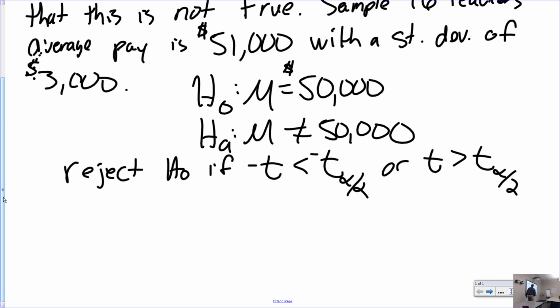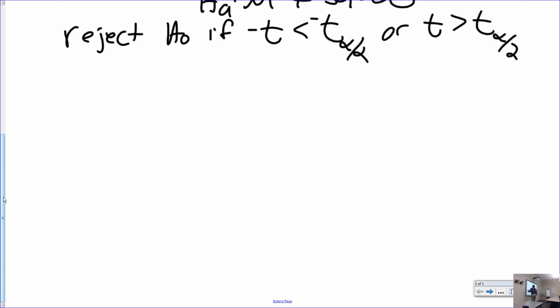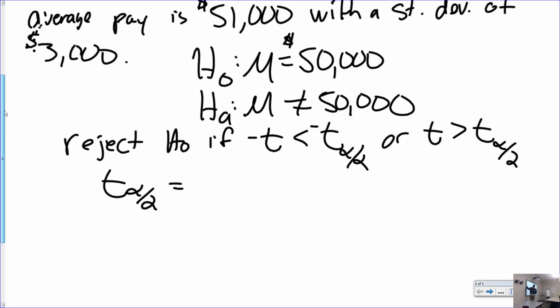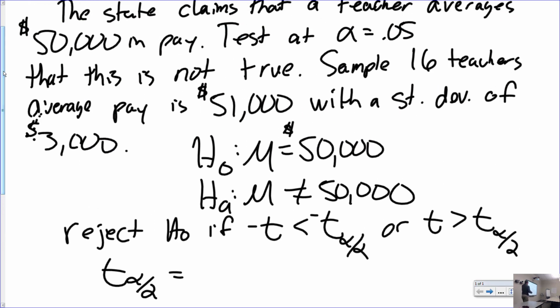All right, so now how do we calculate our t statistic in this particular case? First off, what's our t sub alpha over 2? What do we look up? Get out your t tables. So use table C. And again, be careful, folks.